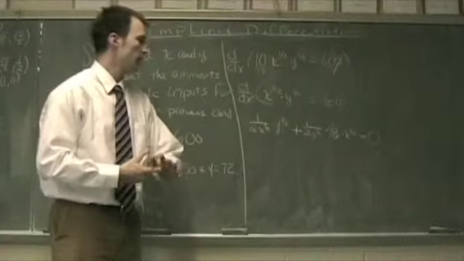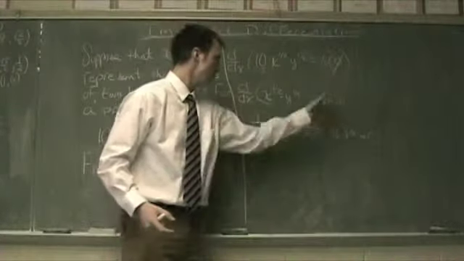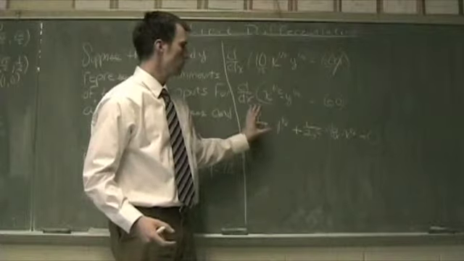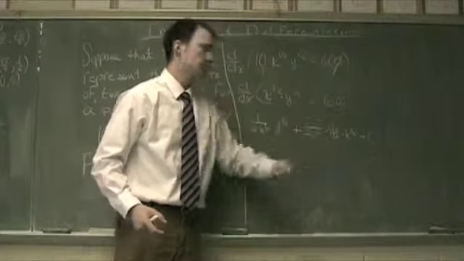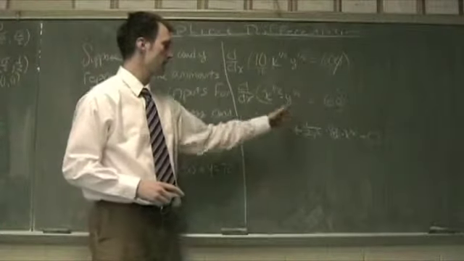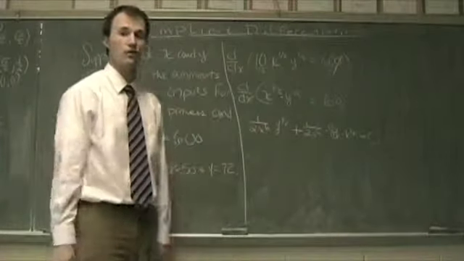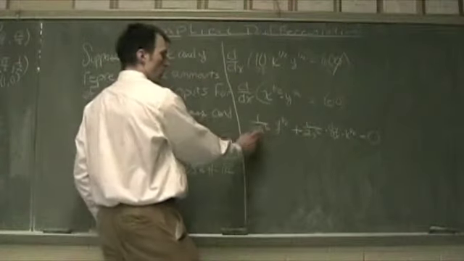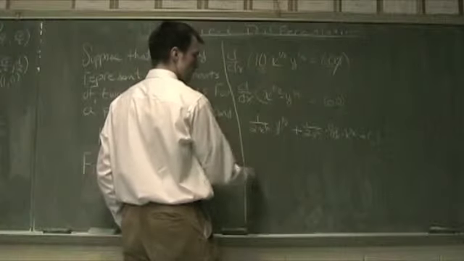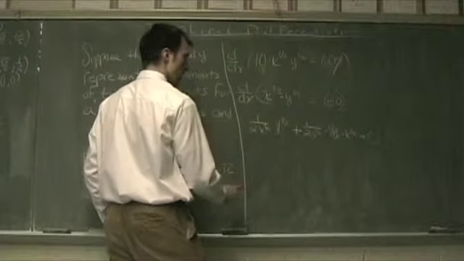Now it's our job to turn everything here into something that's equal to only dy over dx. So we're going to have to isolate and move some things around just using algebra. What I have is 1/2, that's x to the negative 1/2, y to the positive 1/2.